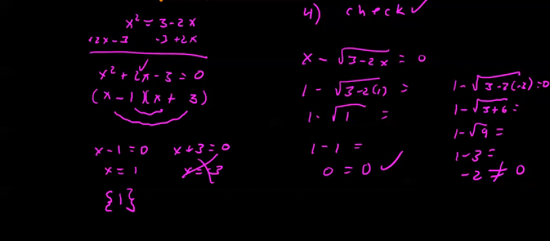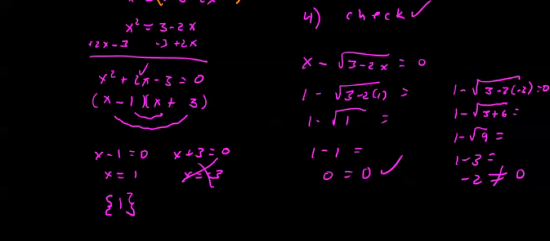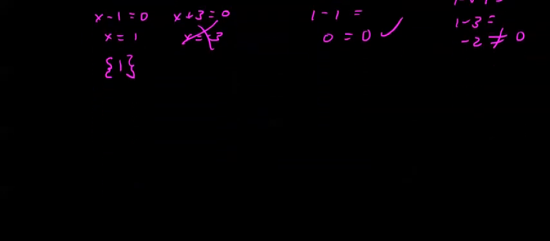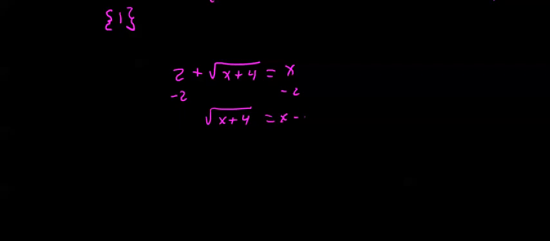All right, let's do one more just to make sure we understand this completely and to review solving equations. All right, here's our equation. Step 1, isolate the radical, minus 2. So we get the square root of x plus 4 equals x minus 2.